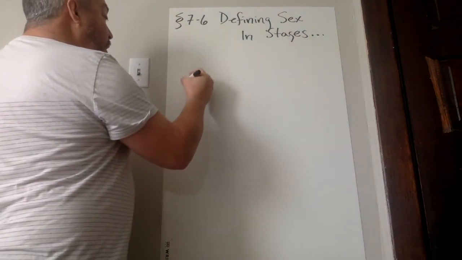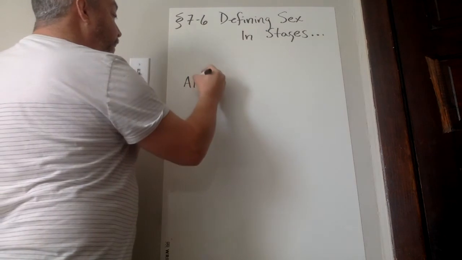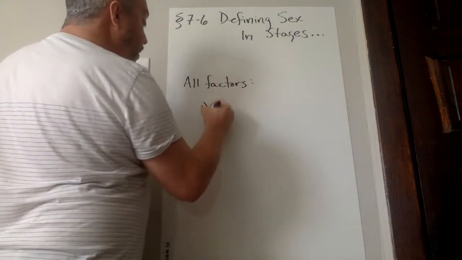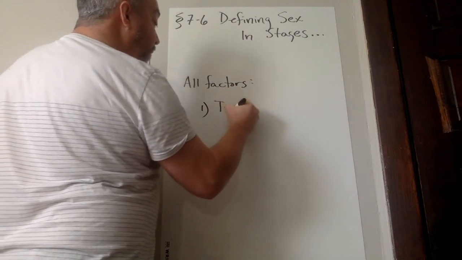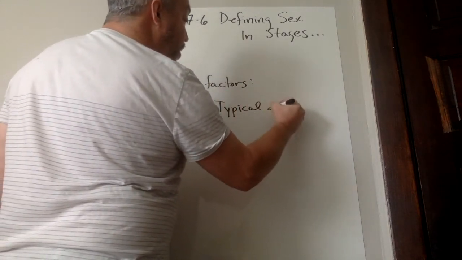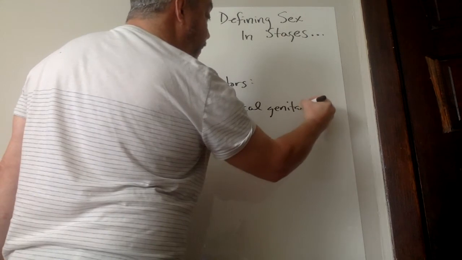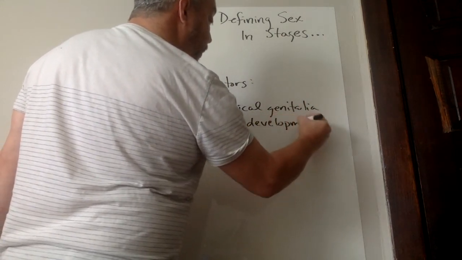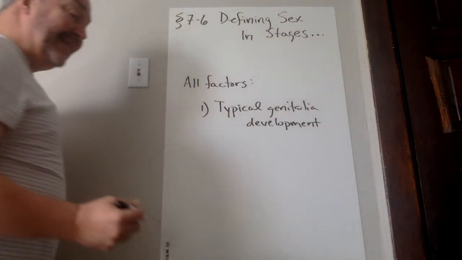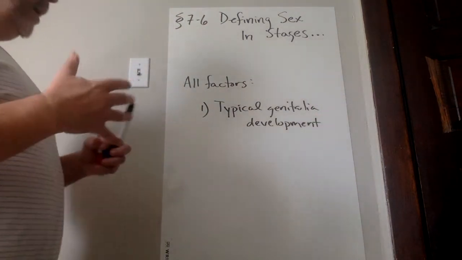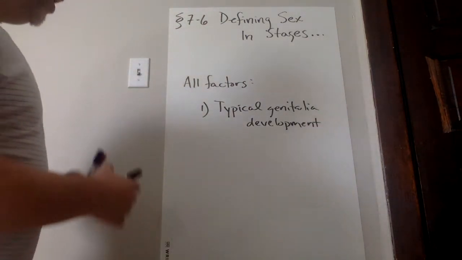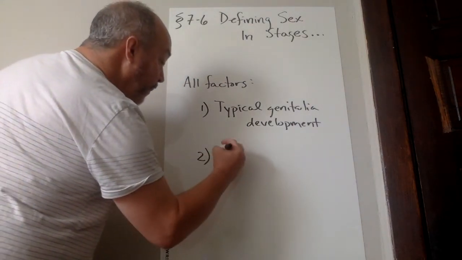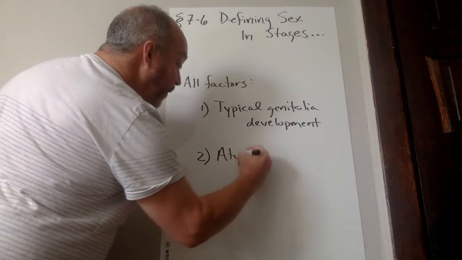So with all these factors, they can lead to what we consider typical genitalia development. You get the standard secondary sex characteristics, penis and a vagina, but all those interactions could also lead to atypical development.